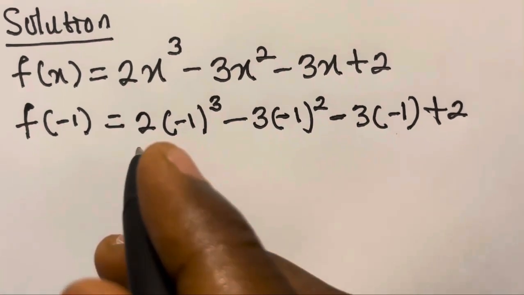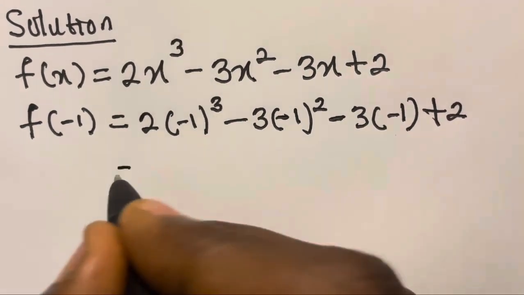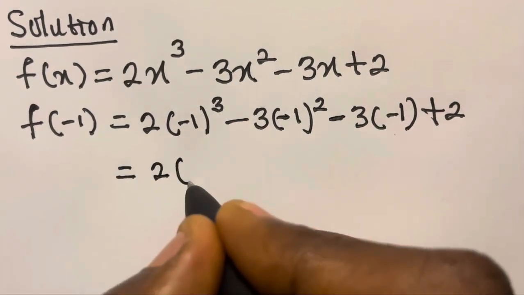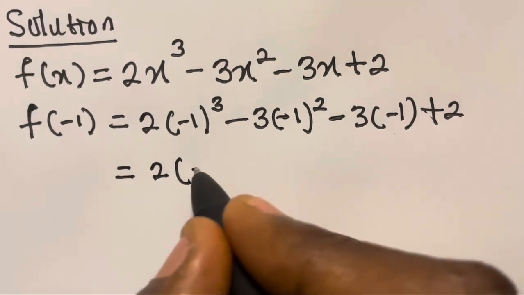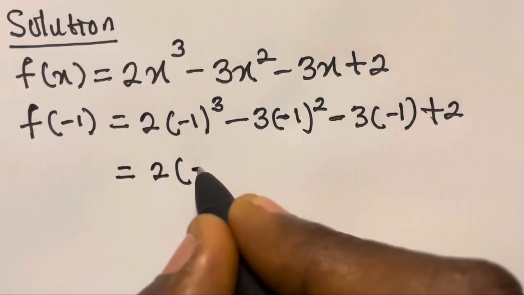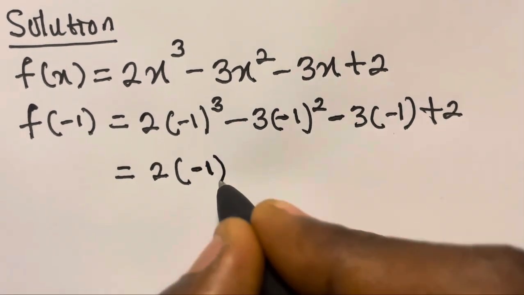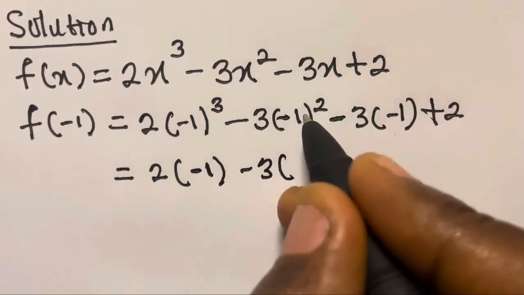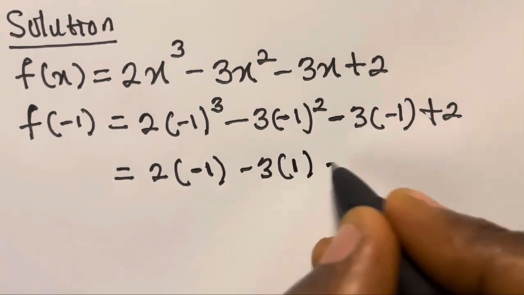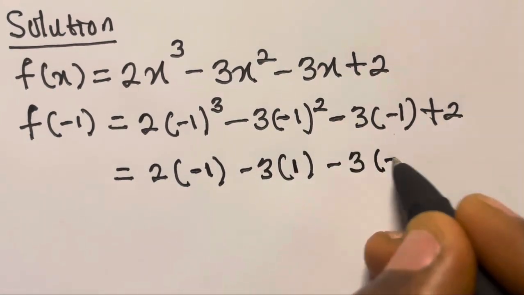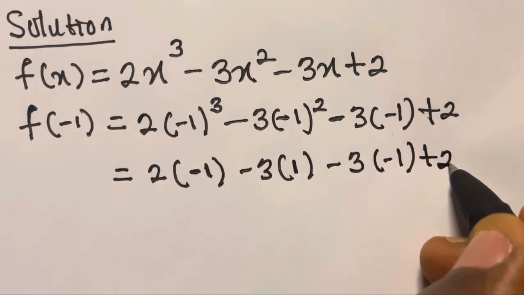So we'll have this equals 2 times minus 1 raised to the power 3, which is minus 1, minus 3 times minus 1 squared, which is 1, minus 3 times minus 1, plus 2.